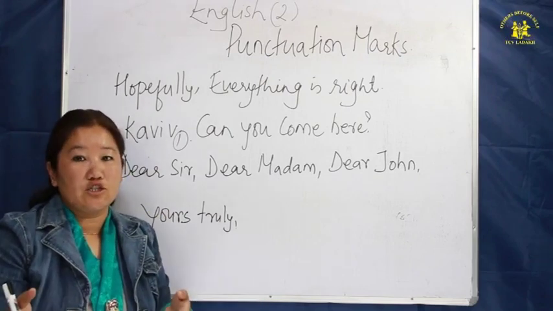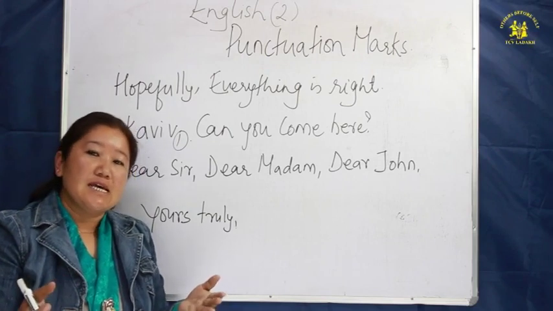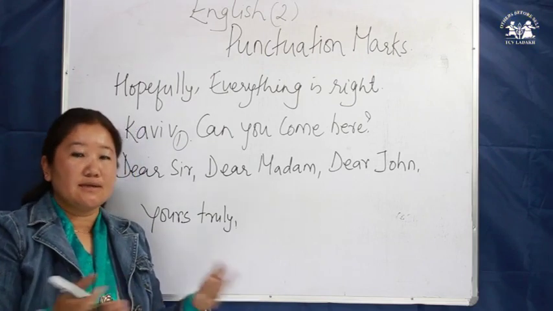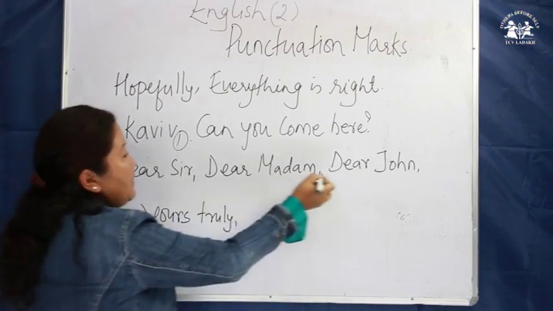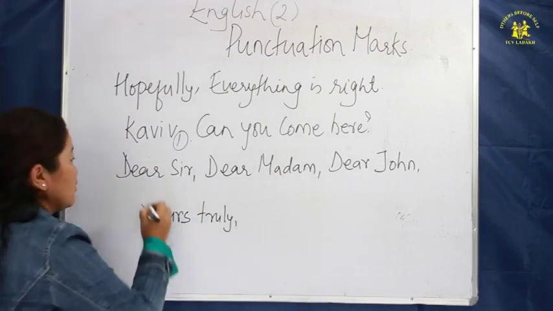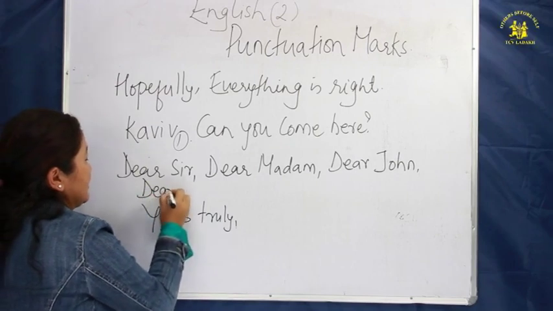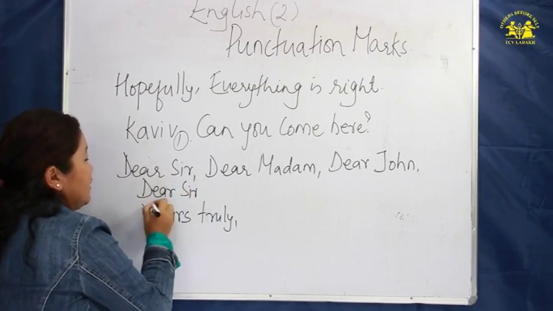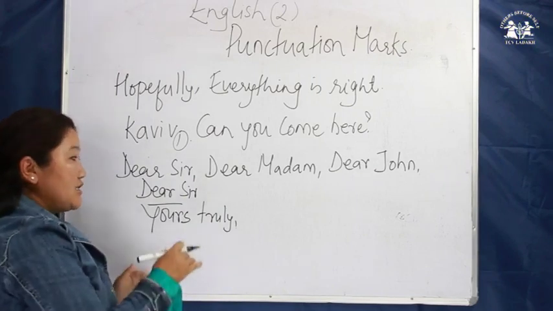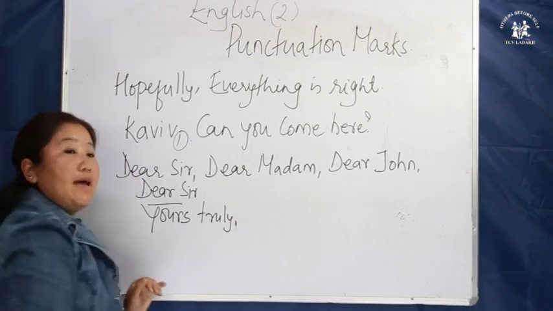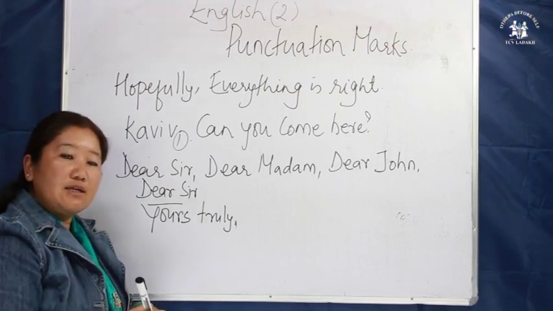Different punctuation is used differently in British English and American English. In British English, we use all those commas. In American English, we don't use commas. We write dear sir, and then you begin here, without a comma. Likewise, in British English you use a comma at the end, but in American English you don't.